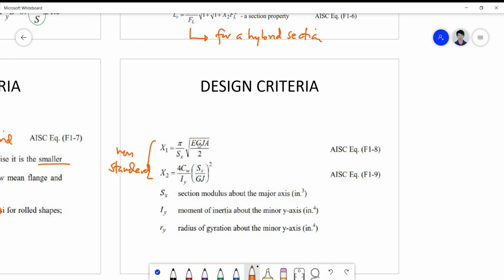So it has a relation with your elastic shear properties and elastic torsional properties.